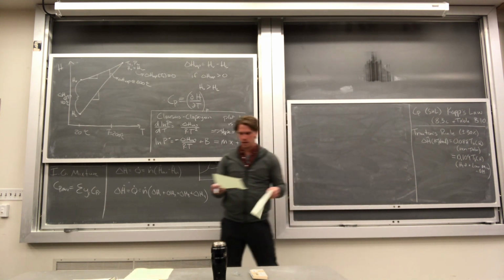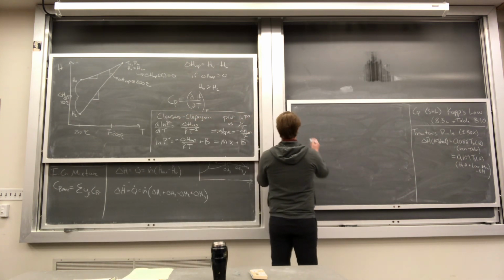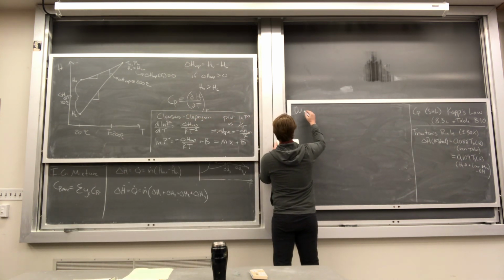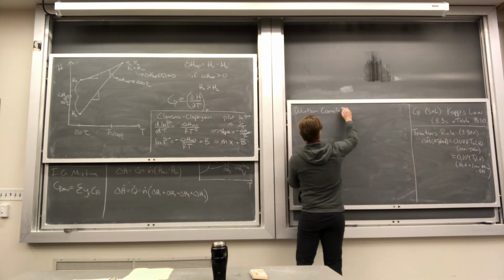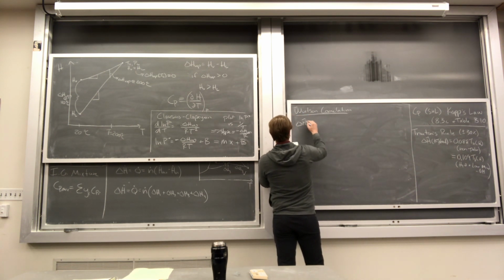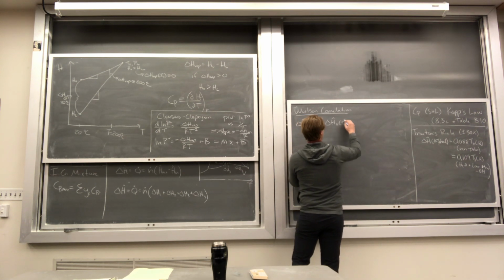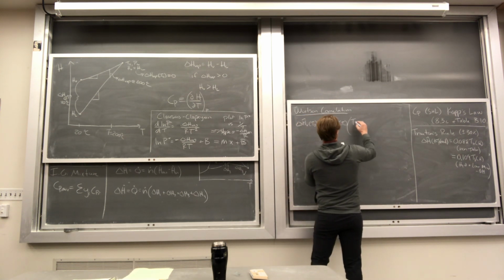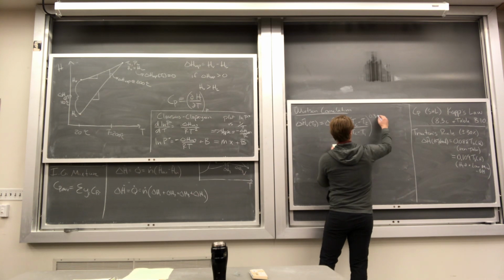Another one that is very friendly that students love is the Watson correlation. So the Watson correlation is the heat of vaporization at some temperature 2 with respect to the heat of vaporization at temperature 1 is the critical temperature minus T2 over the critical temperature minus T1, to the 0.38 power.